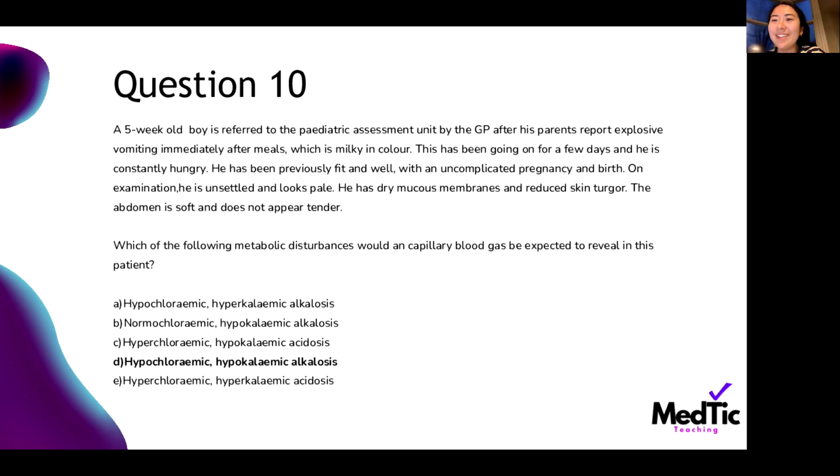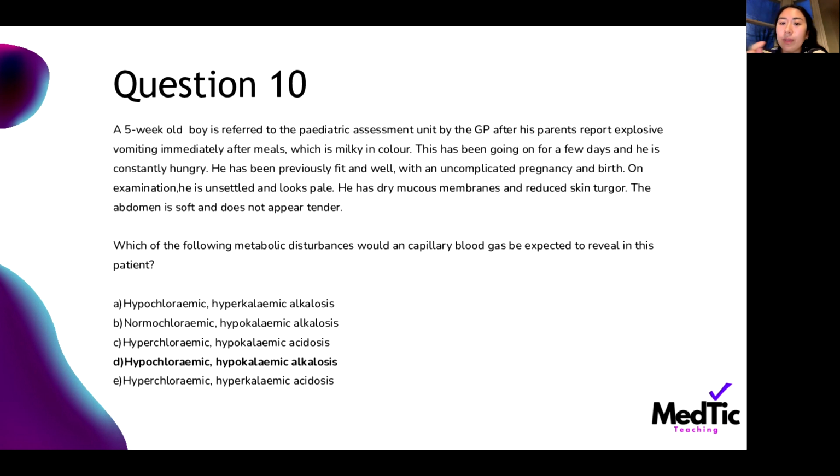Yes, well done, excellent. So I thought I'd ask about pyloric stenosis in a different way. Basically, the reason why you're getting this abnormality in the blood gas is because the baby will be vomiting a lot, so you lose the hydrochloric acid, and then this will start to impact the kidney, and that also leads to hypokalemia.